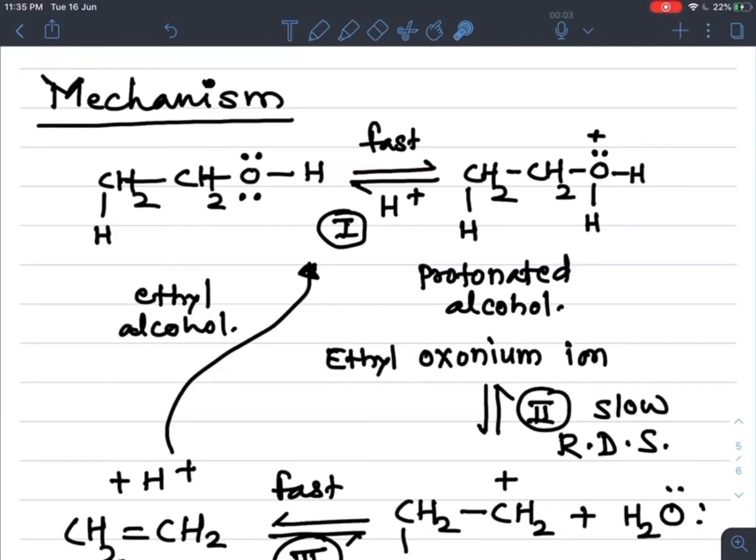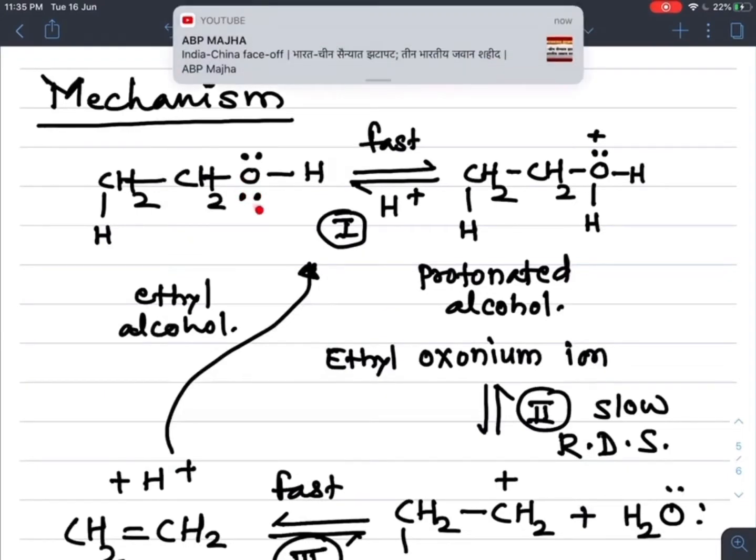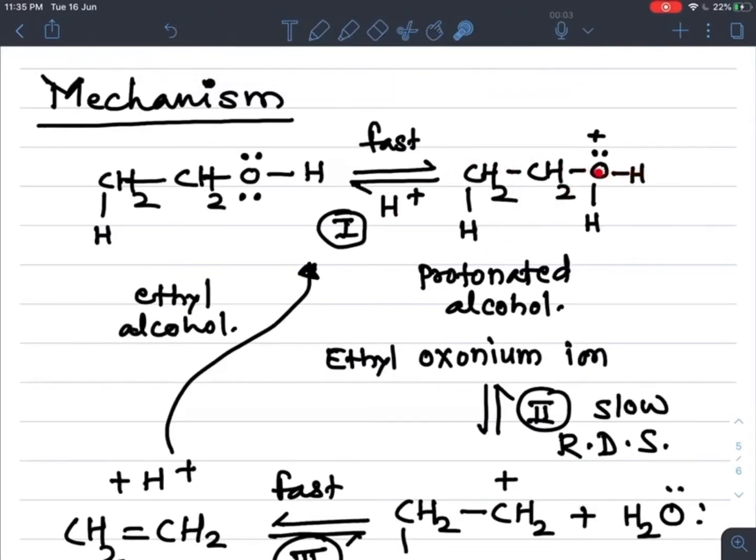Now what happened? In the first step, due to the presence of concentrated H2SO4, it supplies H plus, and this H plus, that is the proton, is accepted by this oxygen by donating a pair of electrons to the hydrogen, and here we get CH3CH2OH2 plus. Now this oxygen carries a positive charge and becomes unstable.